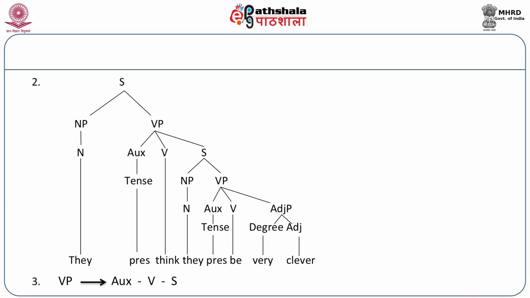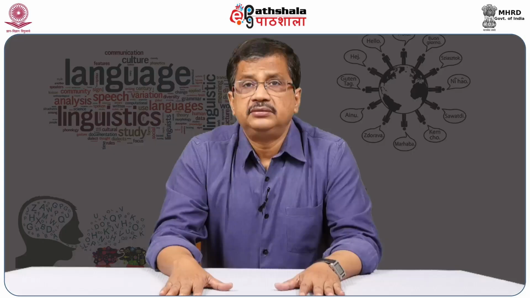And we can have a rule like 3 for the sentence we talked about, where the VP will have an Aux and V, then an S. S is they are clever.